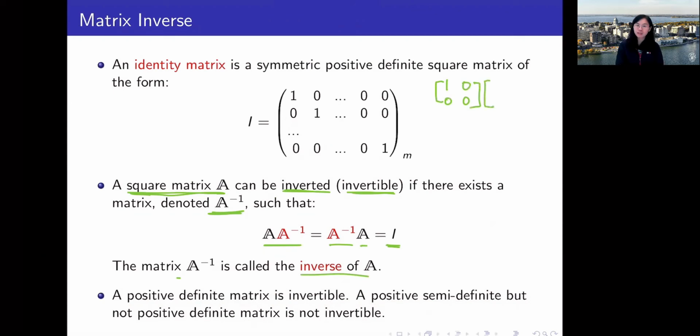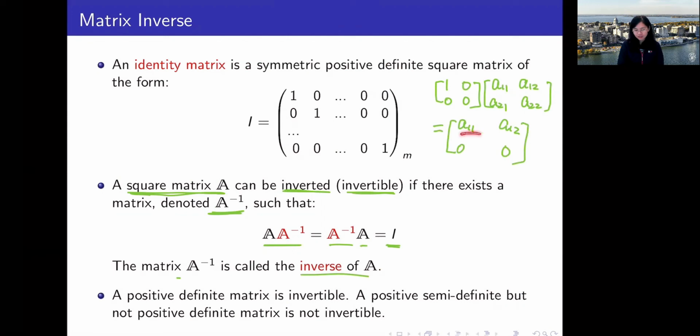Because you can multiply it by any arbitrary matrix, say A11, A12, A21, A22, and you are going to get something that cannot be an identity matrix. When you work through the multiplication algebra, you find this is A11, A12, 0, 0.